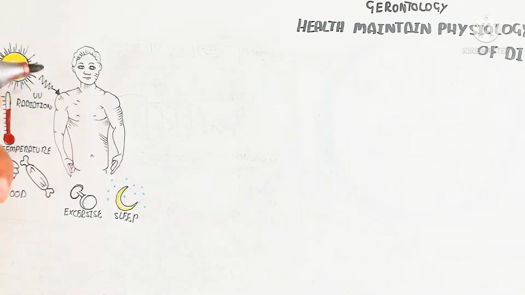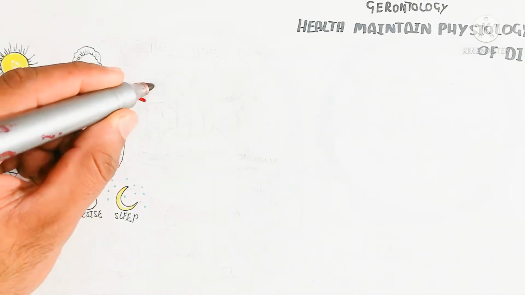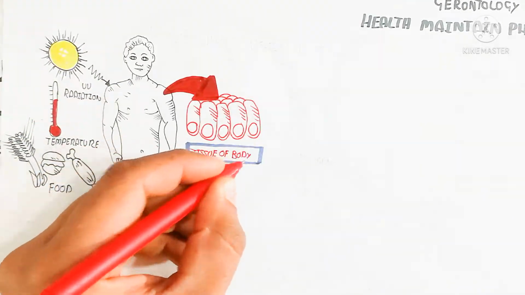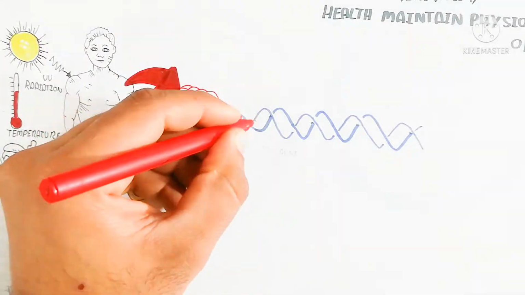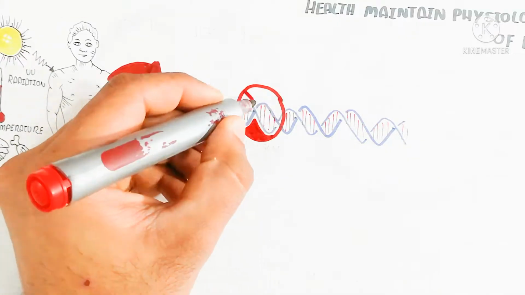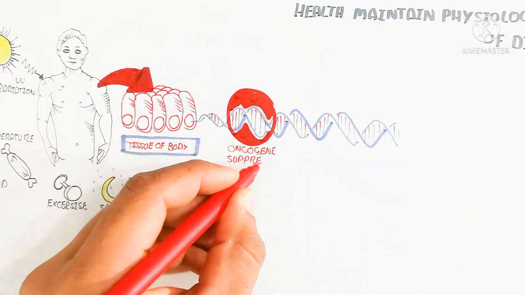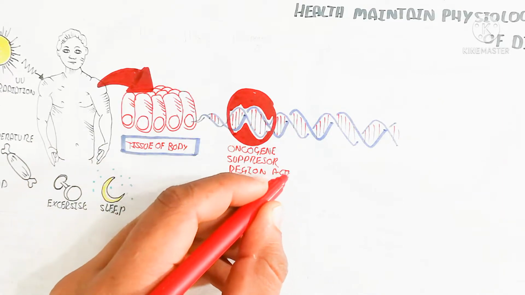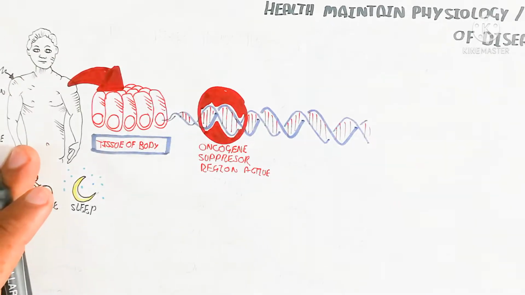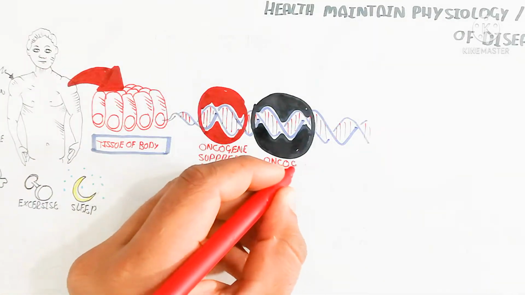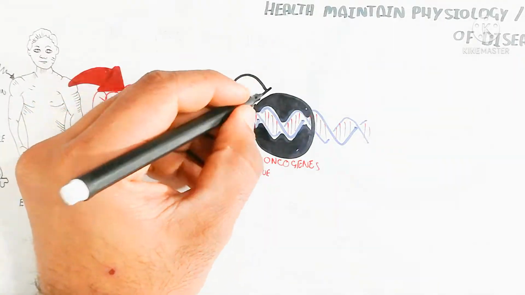Exercise is very important for normal physiology in our body, for normal growth, and for hormone production after exercise, etc. Here the tissue of the body contains a nucleus, and the nucleus contains DNA. Inside the DNA there is acetylation or methylation, and the oncogene suppressor region is active. It is active due to acetylation.